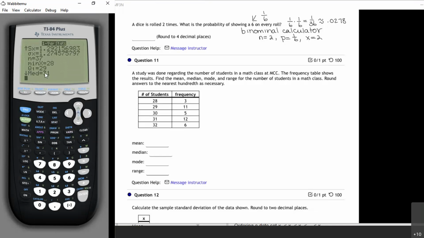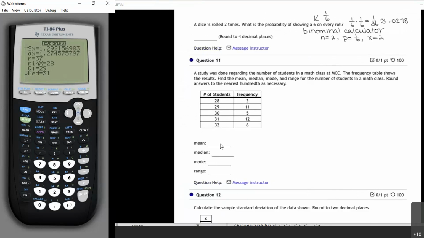the median is 31. Like I said before, the mode and the range you can tell right from the table. The mode is the most common score, that would be 31. So I'm putting in the values that I'm getting here. The mode is 31 as well. 30 rather was the median, sorry.